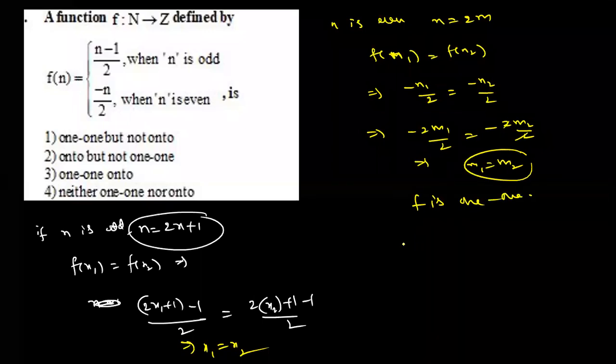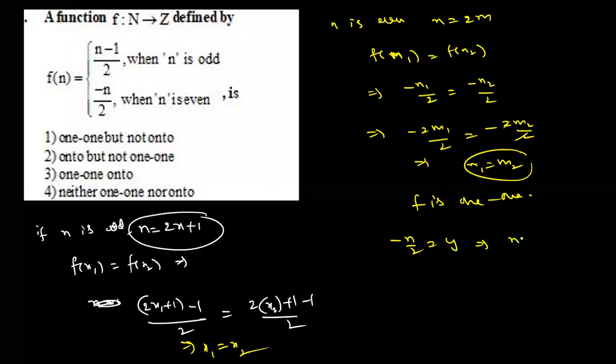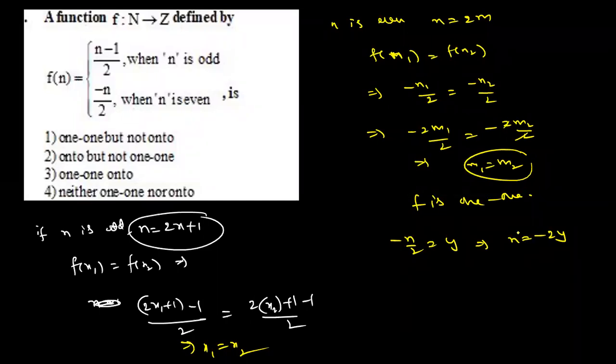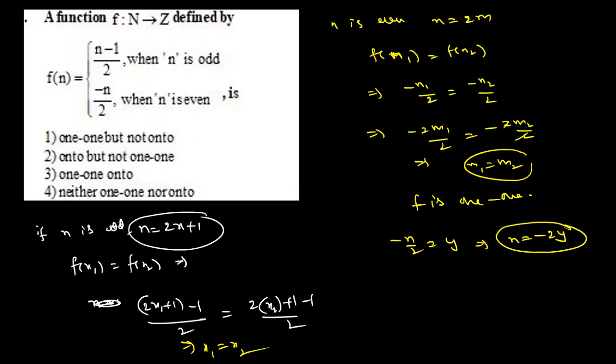Now onto. Take -n/2 = y, so n is -2y. This one is also satisfied. Why? If y is a negative integer, then n is even. Check the cases for natural numbers.